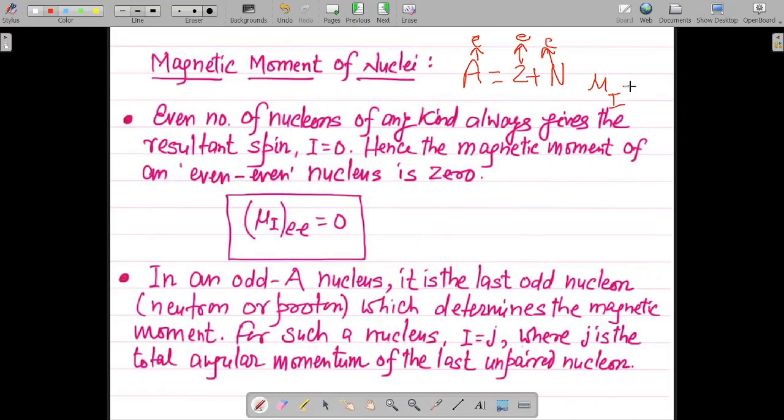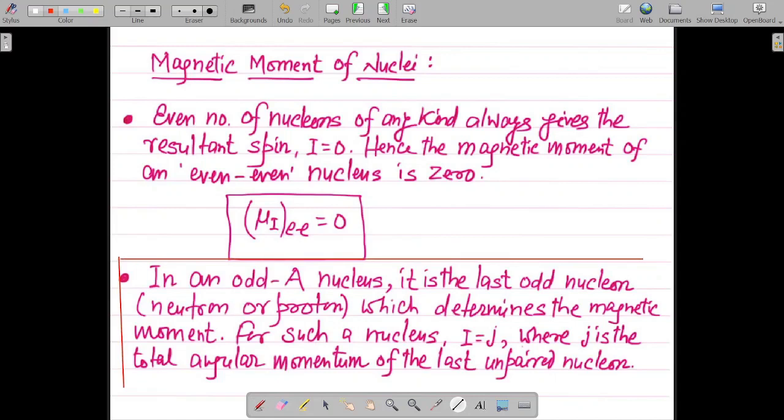Clearly A is even, Z is even, and N is even, so mu I equals 0 in this case. Now in an odd A nucleus, it is the last odd nucleon, that is, in an odd A nucleus, what is the possibility? Which case are we discussing now?